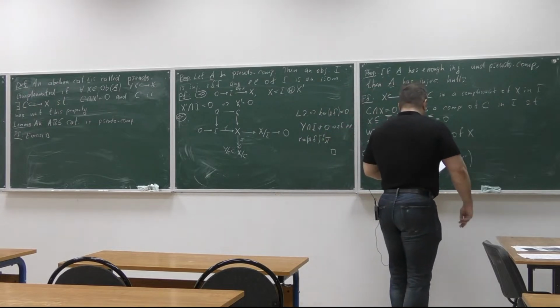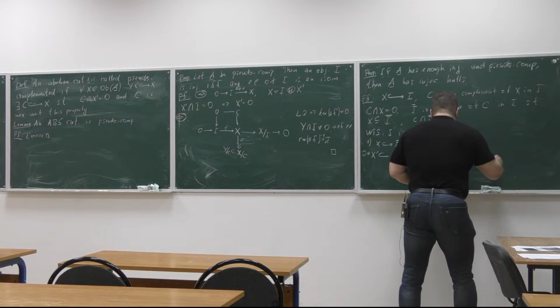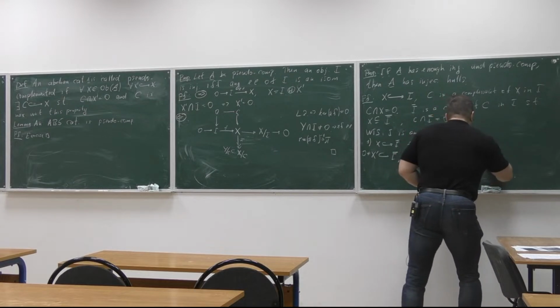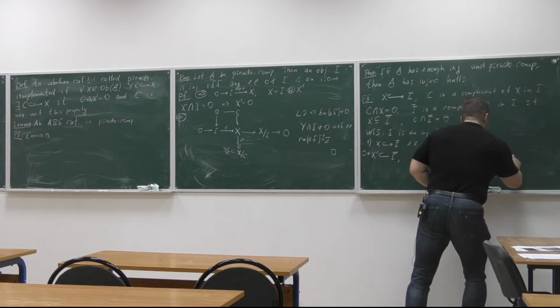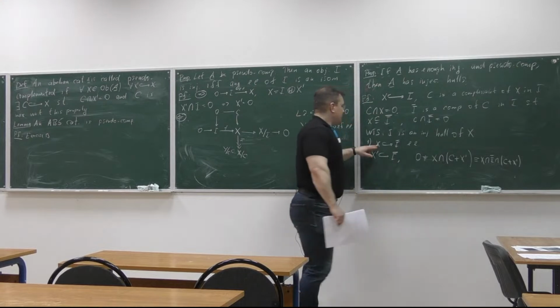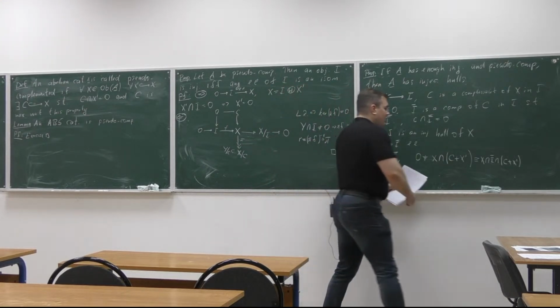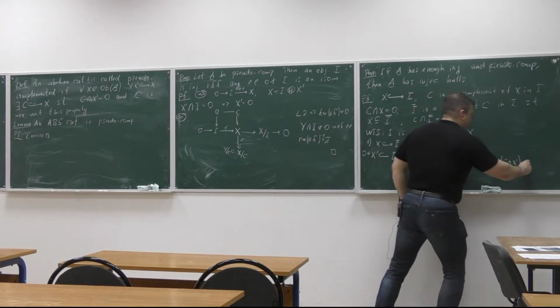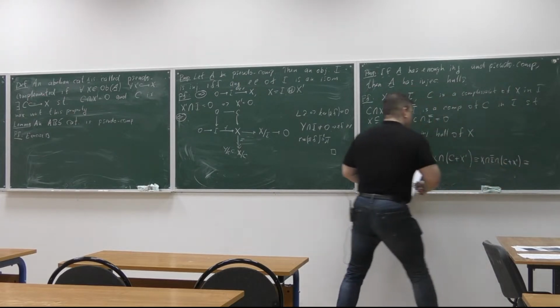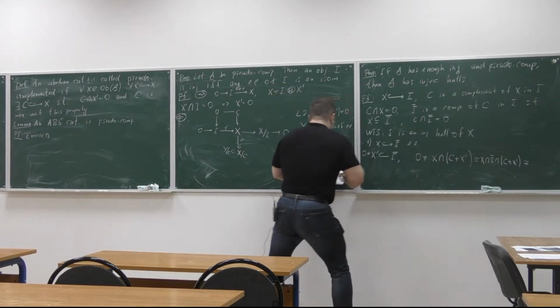Okay, so this intersection is non-zero. I can rewrite this intersection by adding I bar: X intersect I bar intersect C plus X prime. This is the same thing since X is just a sub-object in the I bar, so it doesn't change anything. But now for this second intersection, I want to apply the modular law that we discussed two weeks ago at the seminar. This gives us the following.